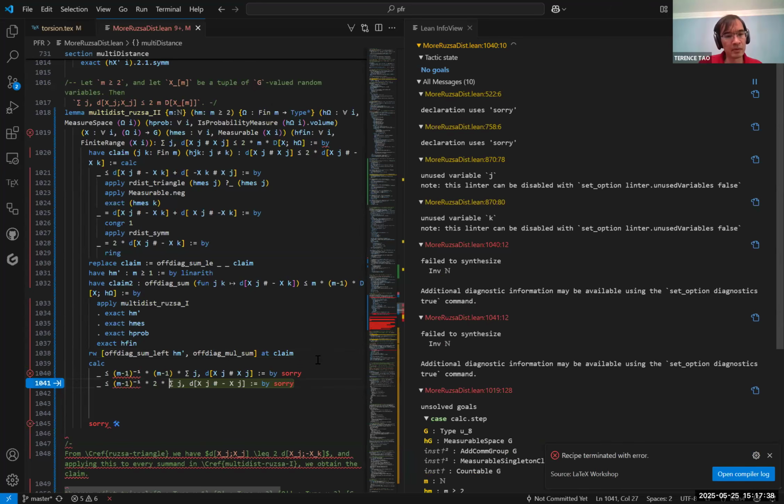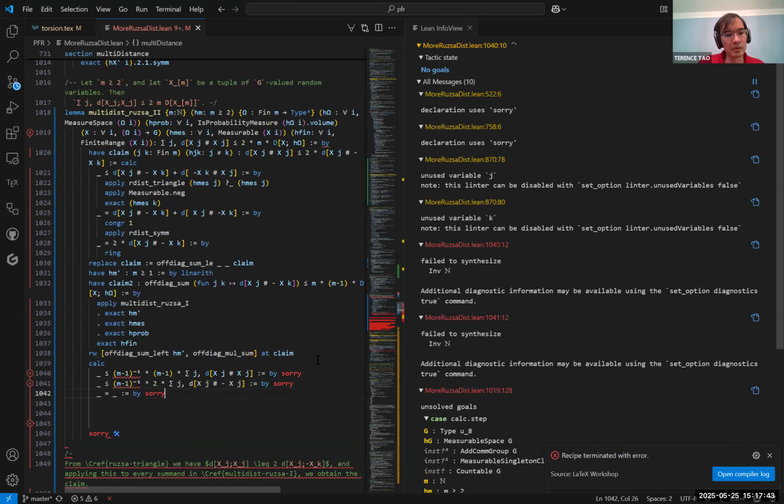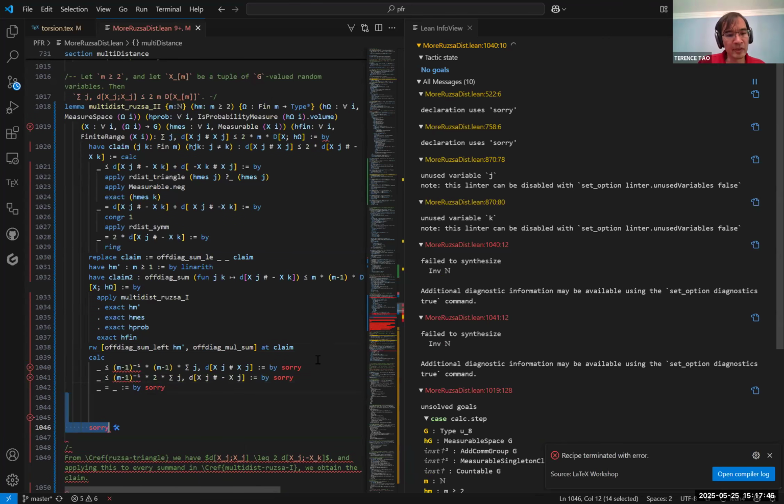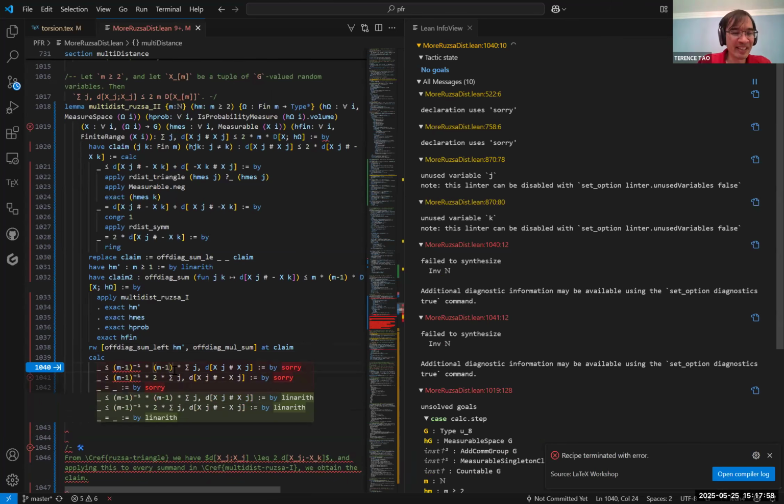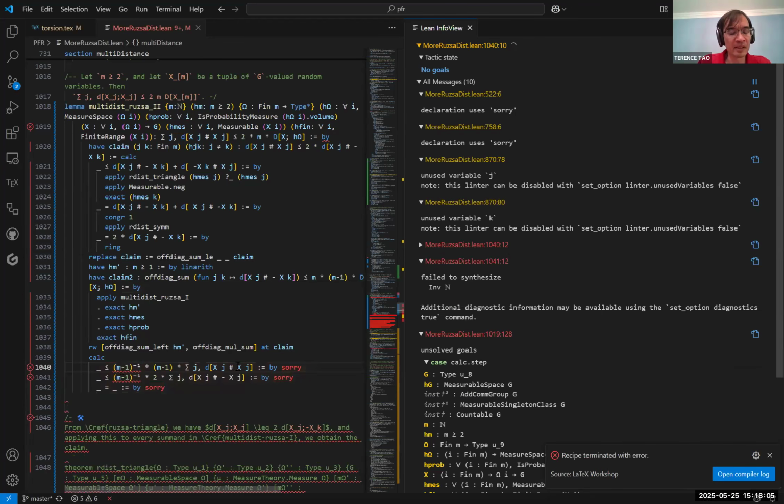Just clean up here while I'm waiting. Oh, okay. There's one annoying issue here, which is that m is a natural number and m minus 1 is a natural number. It doesn't have an inverse. Oh, that's annoying. Just temporarily, except I'm making this real.